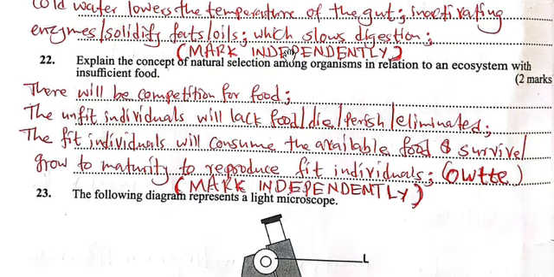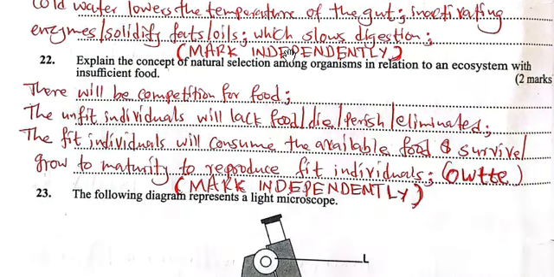Question 22. Explain the concept of natural selection among organisms in relation to an ecosystem with insufficient food. Natural selection, as explained by Charles Darwin, there will be competition for food. The unfit individuals, or the individuals which are not well adapted, will lack food or die or perish and get eliminated.